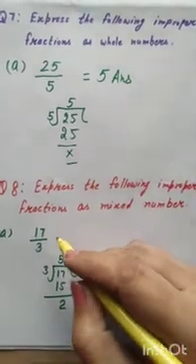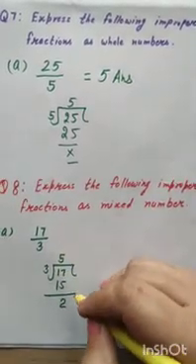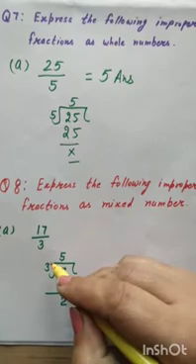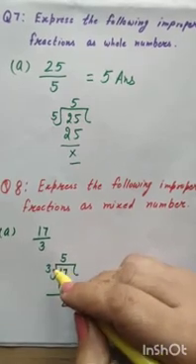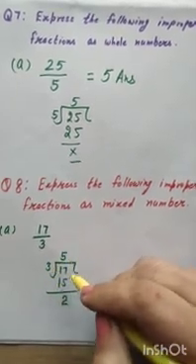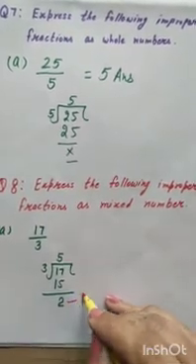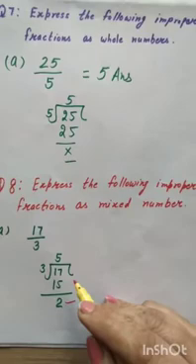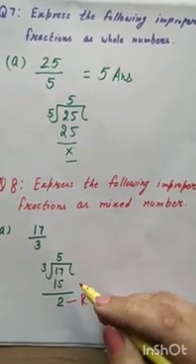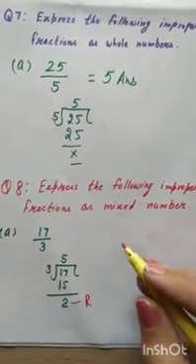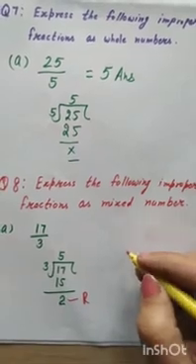But if the fraction is not completely divisible, like when we divide 17 by 3, it goes 5 times, 3 5s are 15 and 2 is the remainder. Now how can we write the answer as a whole number? It is not possible. So we will write the answer as a mixed number.